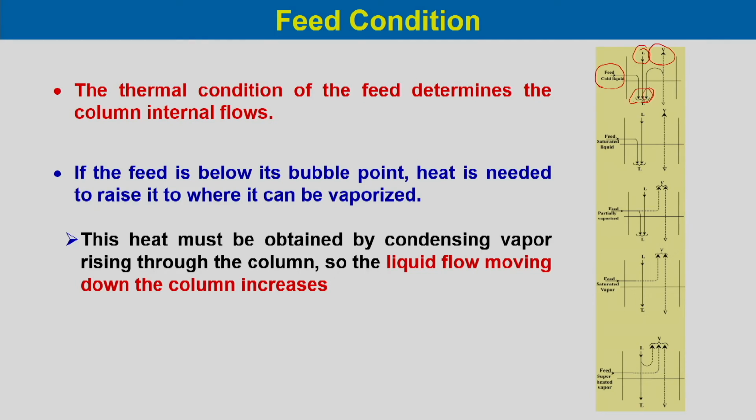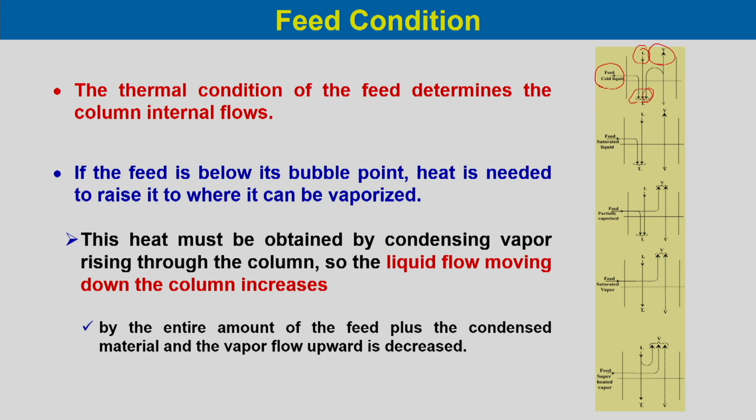This heat must be obtained by condensing vapor rising through the column. So, the liquid flow moving down the column increases. This is the case where you have a feed below its bubble point. How much will it increase? By the entire amount of liquid feed given over here, plus the material condensed from the vapor, and the upward vapor flow is decreased.